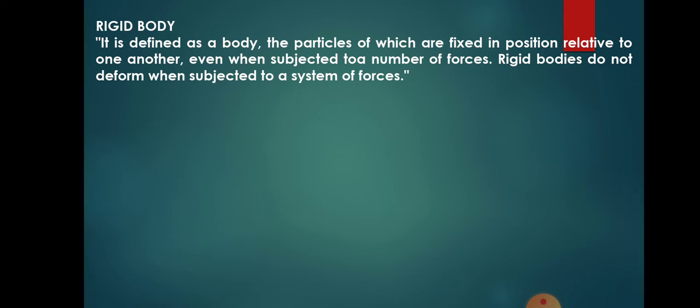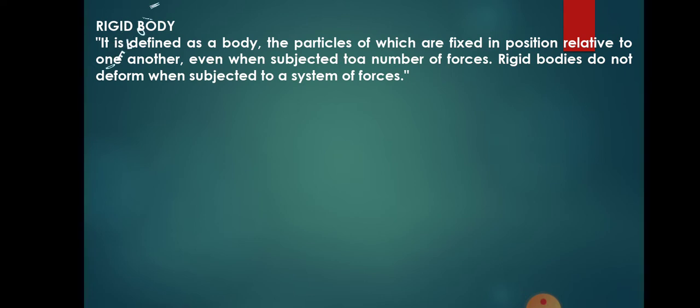A rigid body is defined as a body whose particles are fixed in position relative to one another, even when subjected to a number of forces. Rigid bodies do not deform when subjected to a system of forces, meaning they don't change shape after applying a force.